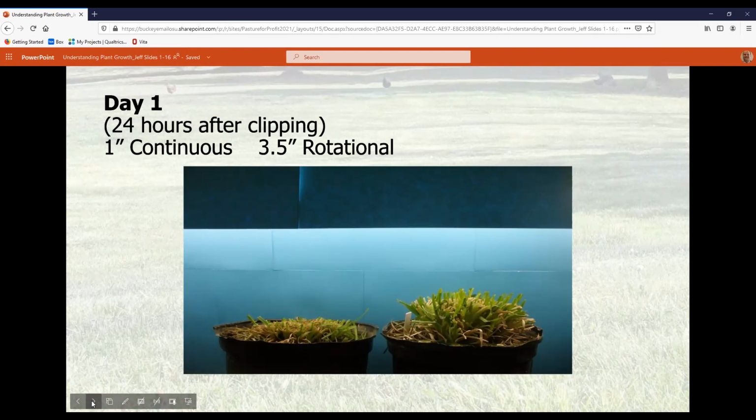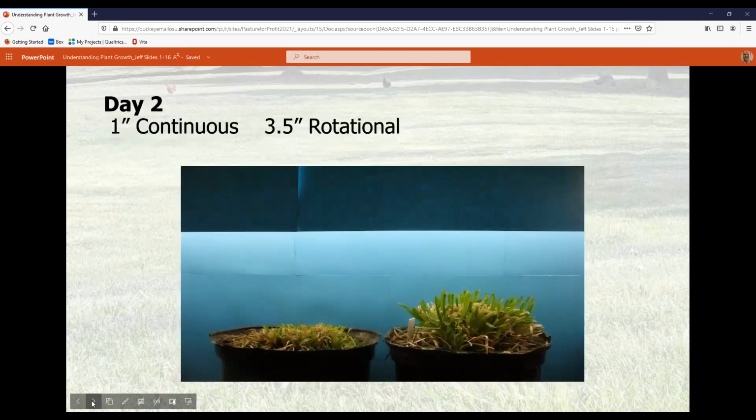And this is an orchard grass plant. The one on the right, at the beginning, they clipped at 3.5 inches. For the next 4 weeks, they let it grow, and then they clipped it again at 4.5 inches. So these pictures are the day one after that, the second clipping of the rotational grazing. So the continuous grazing on the left has had 4 clippings.